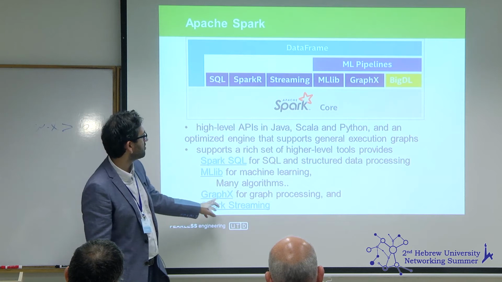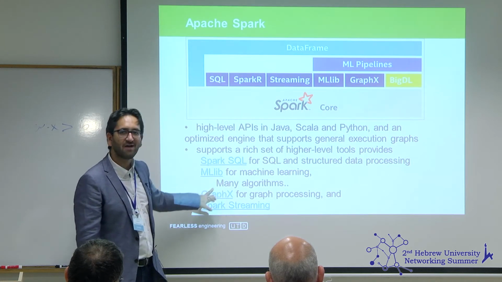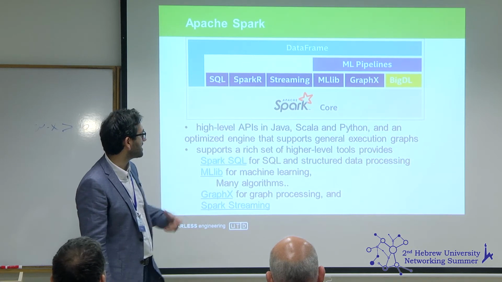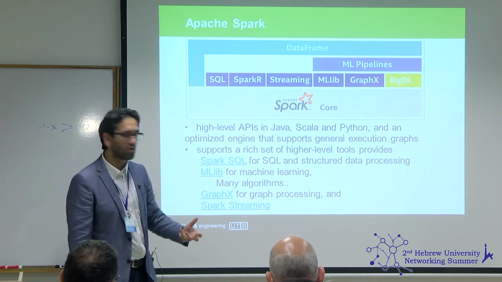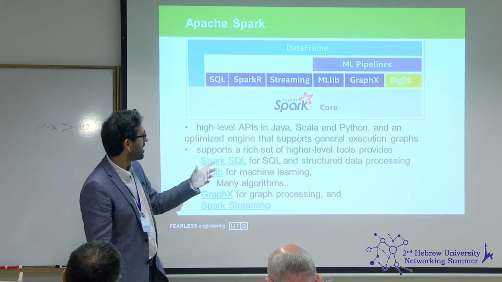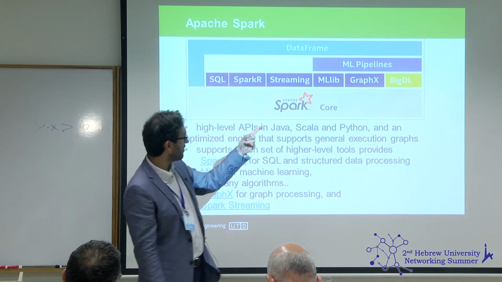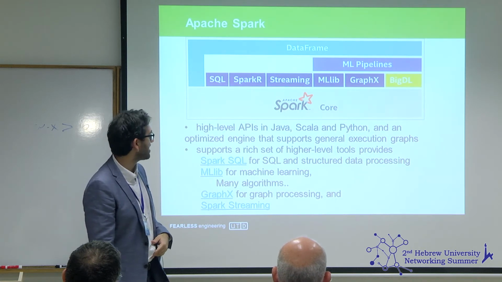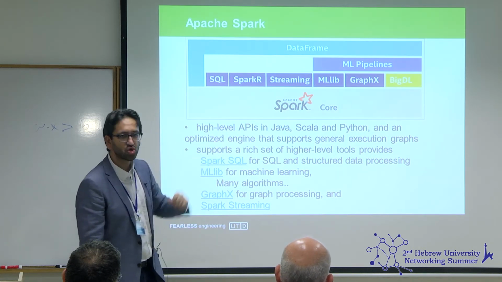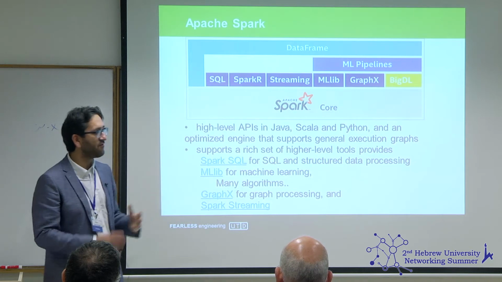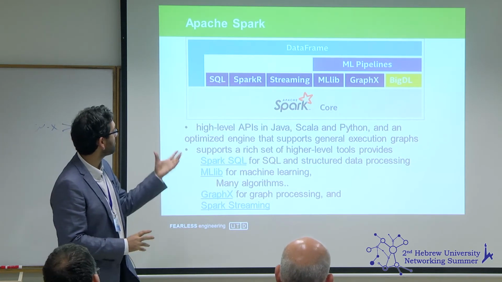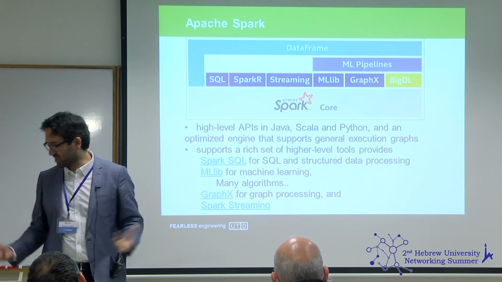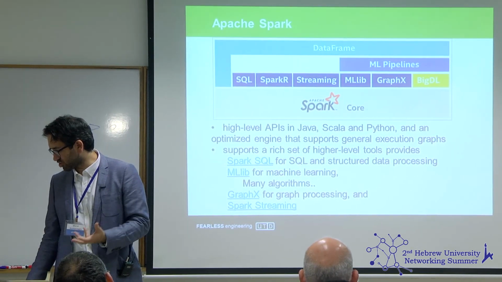It also has libraries we use, for example, for graph processing and streaming. If the data is coming in, like network packets, you can do streaming processing. And a new addition by Intel, announced I think a year ago or so, is something called BigDL for deep learning. So now Spark has deep learning libraries, and you can have distributed in-cluster big data processing with deep learning as well.